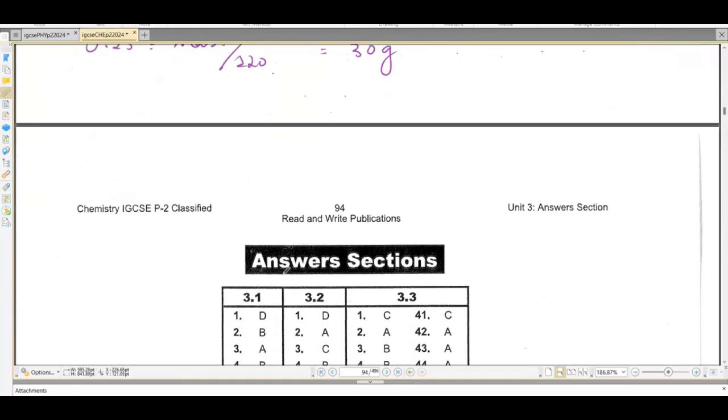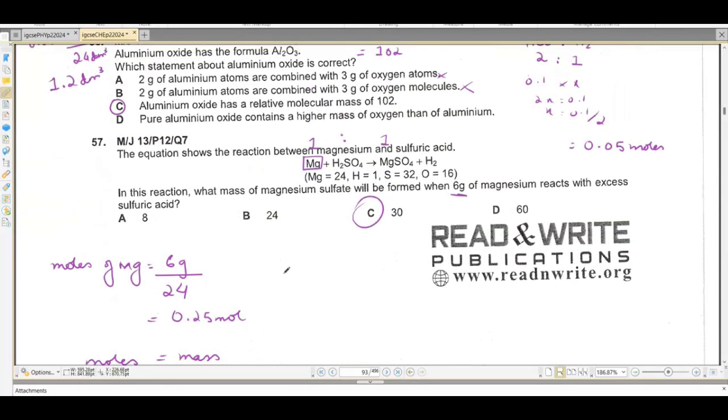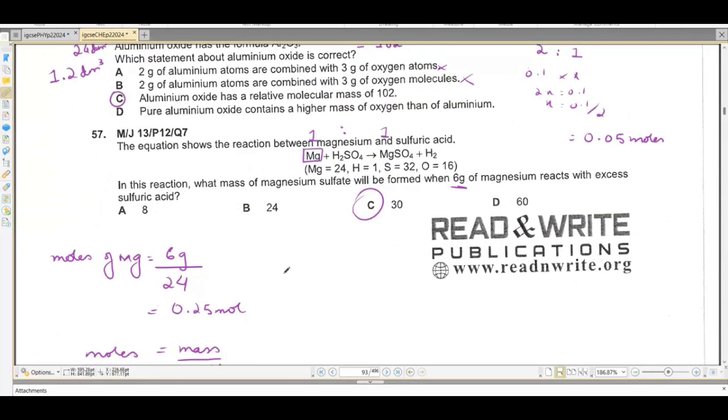Moving on. Okay, so we are finished with this topic of the mole concept, and I hope you understood this concept after we've done all these 57 questions. And there are so many concepts that have been repeated again and again, and there are so many formulas that have been repeated again and again.